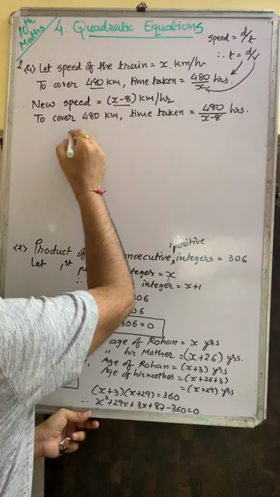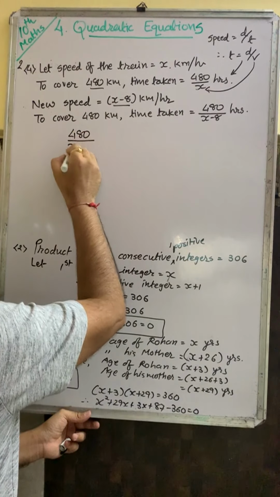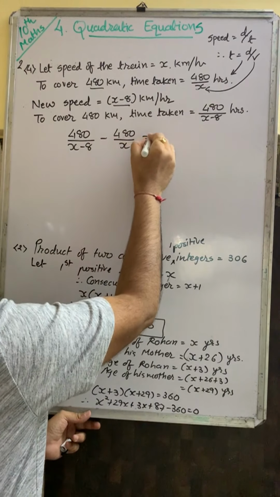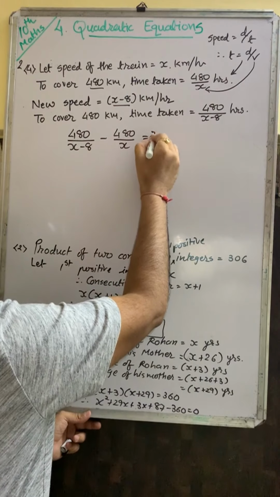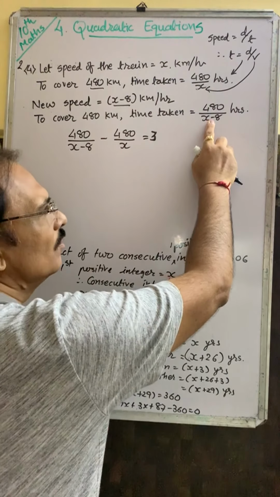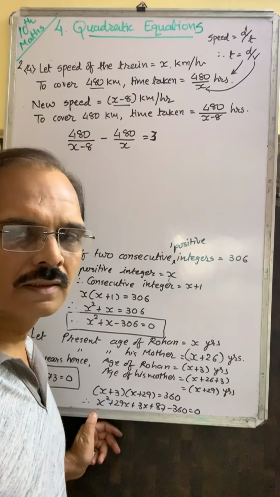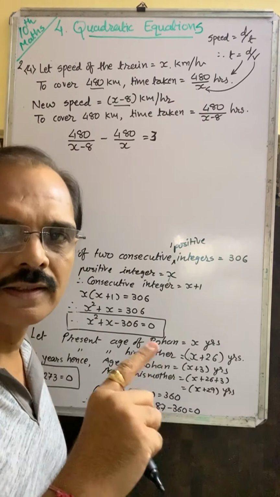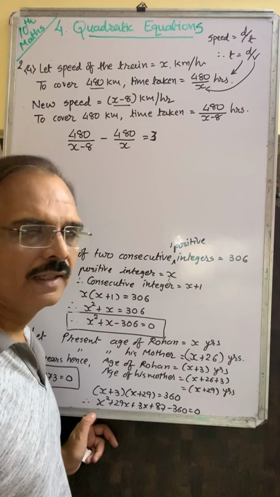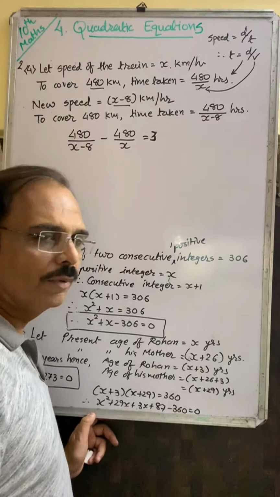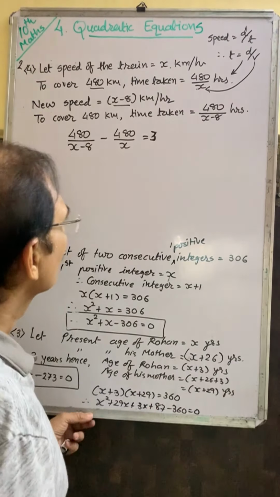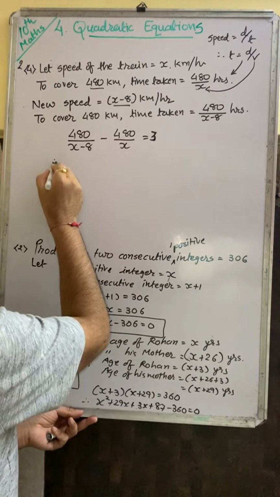Means 480 upon x minus 8 minus 480 upon x equals 3 hours. Remember, with a negative in the denominator, the term is always greater. If speed increases, say x plus 8, then the term will be lesser.